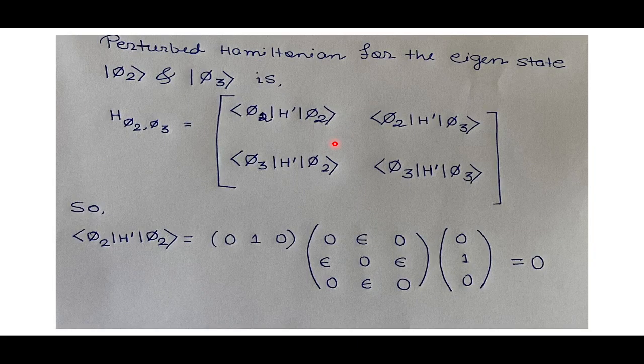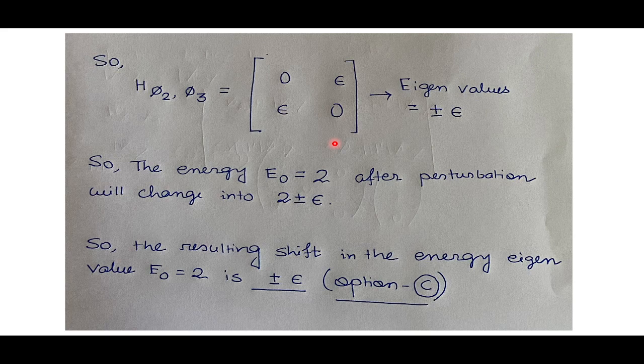You have to confirm these things in this way. Then if you find the eigenvalues, you will get plus minus epsilon. So after perturbation, the energy will turn into 2 plus minus epsilon. The correction or shift in the energy eigenvalue 2 will be plus minus epsilon. So this is option C. Is this clear to everyone?